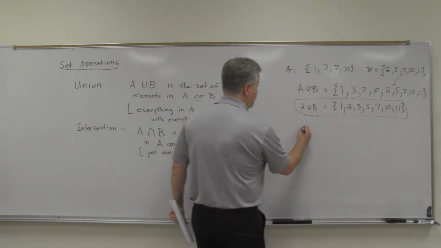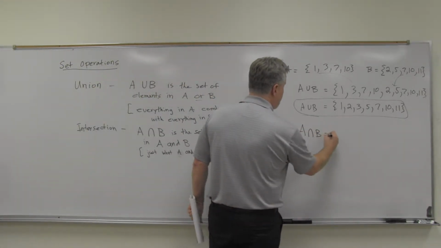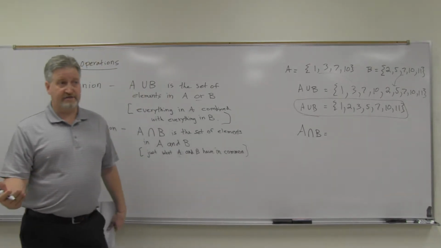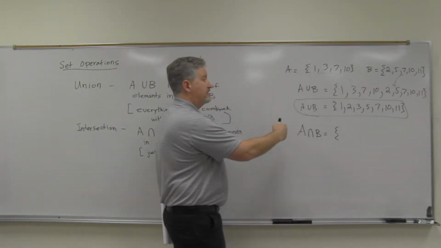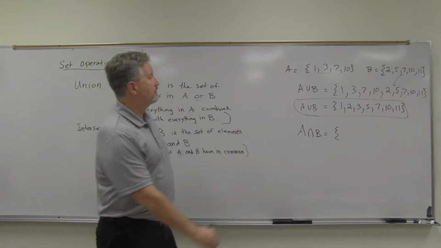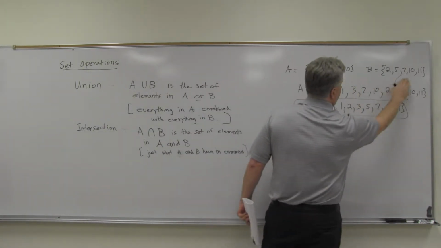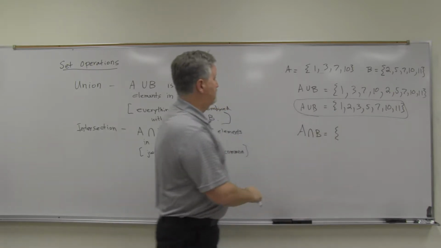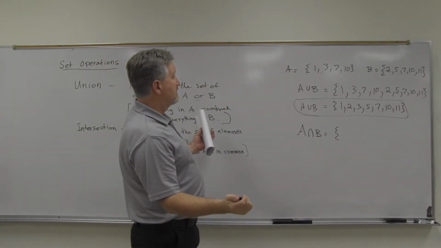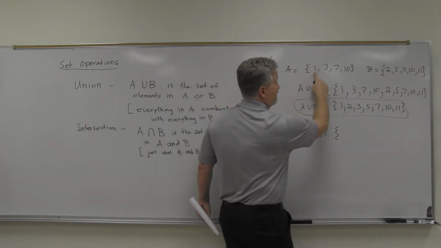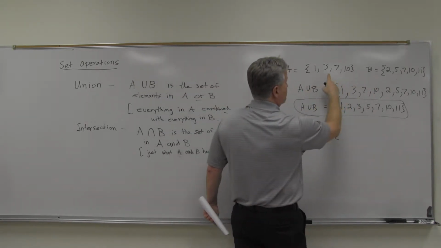All right, so over here on ours, that's going to be, in most cases, a much smaller set, because the only thing in A intersection B here would be what? For these two sets right here. Well, they don't have one in common, or two, or three.